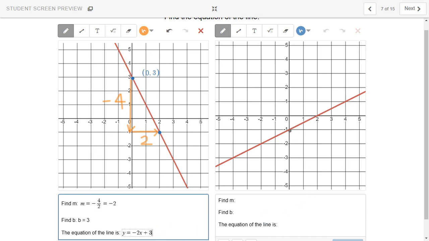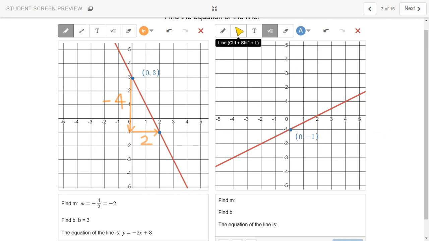Let's do one more example here. I'm going to find our y-intercept. The y-intercept here, 0 and -1. We need to find another point on the graph. Could say there. And we're going to count the steps to get there. So I'm going to rise by 2.